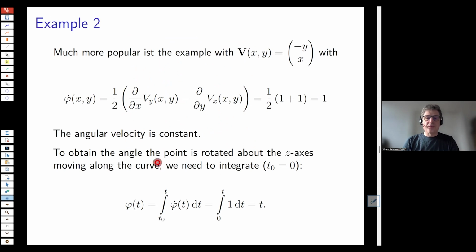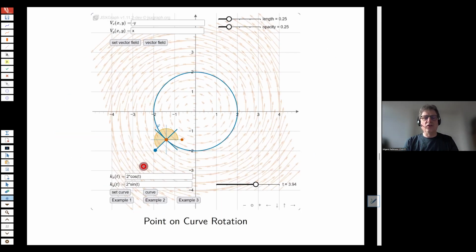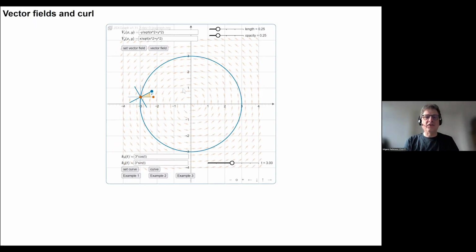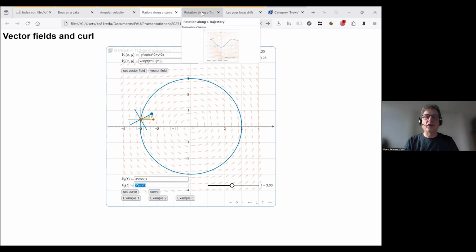The next is how to use all this inside a JSXGraph and to get the complete angle. But what I have done here, let's go back. Here we see a vector field and the prescribed curve. But is this what we have in mind when we are talking about vector fields?